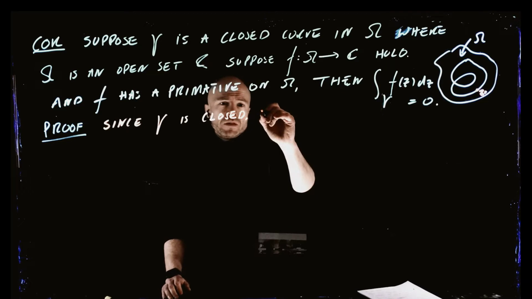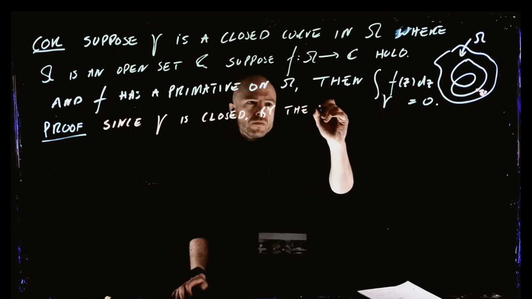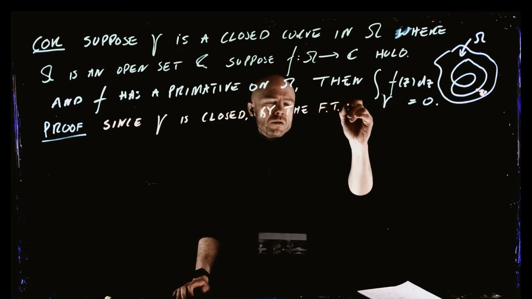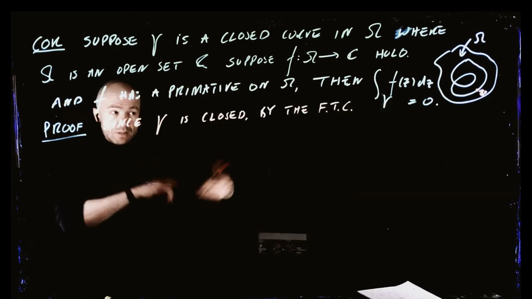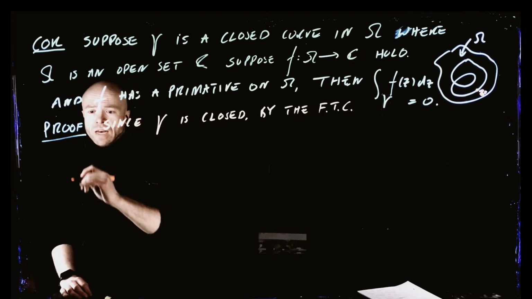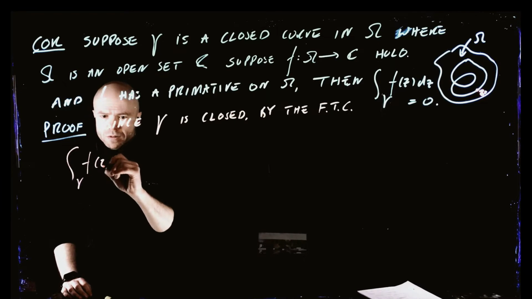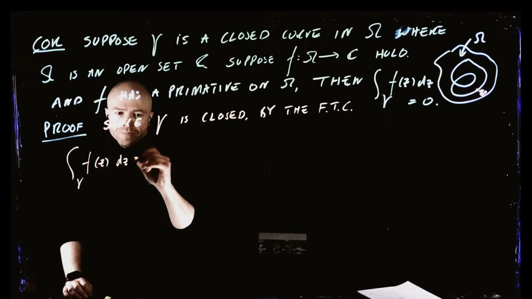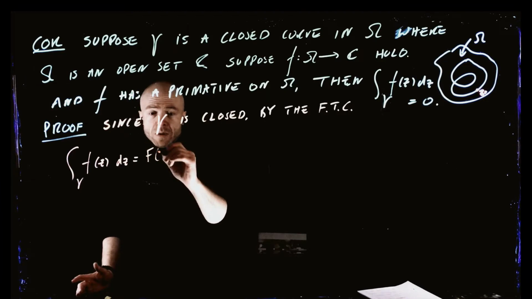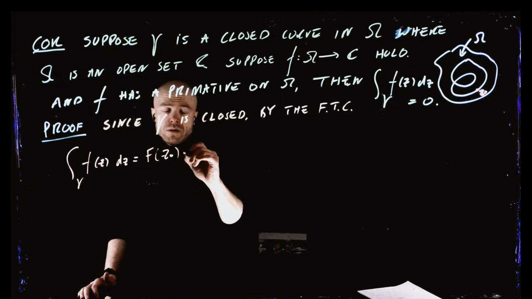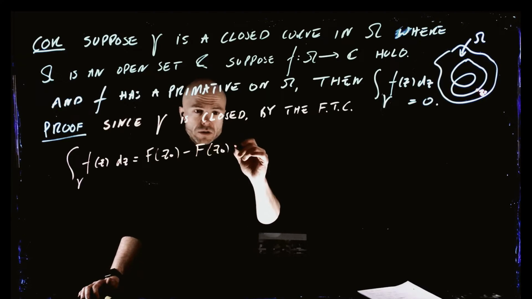So by the fundamental theorem of calculus in the complex plane, we have that the integral around the closed curve gamma of f(z) dz is equal to F of the endpoint z0 minus capital F of the start point z0, which is just 0.